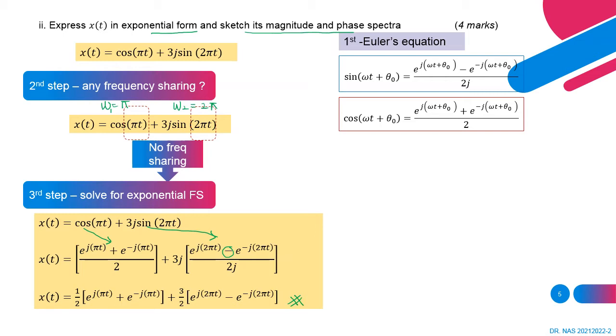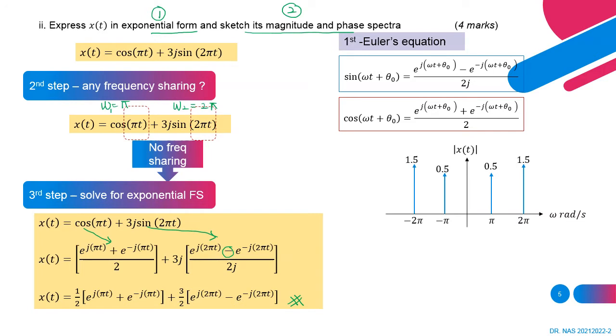So next, don't forget you have two questions to answer. This is the first one, and the second one is the sketch. Once you have the equation in exponential form, then you can sketch the magnitude of the signal.